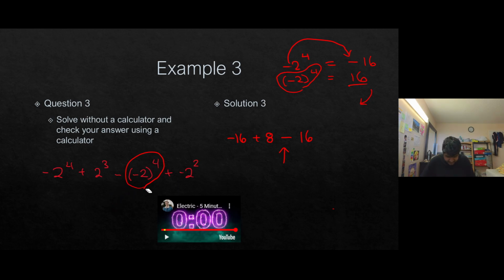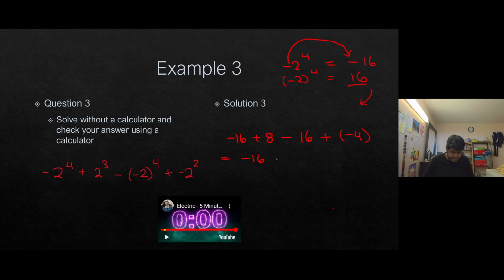I'm just going to erase all that extra stuff now. That was all just to show you what's going on here. And so now we just have to finish this off. Plus, we're going to put the plus in first, and then we have -2 squared. Of course, the negative carries on. This is technically -4 over here. And then we can rewrite this to make this only one sign.